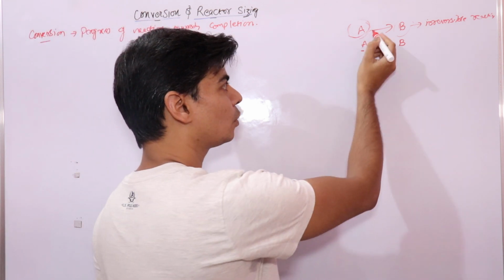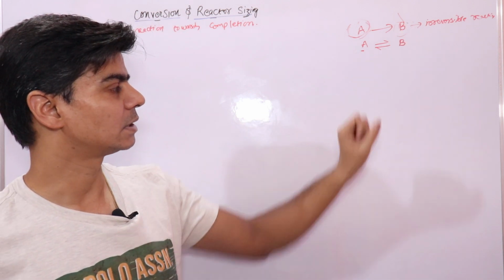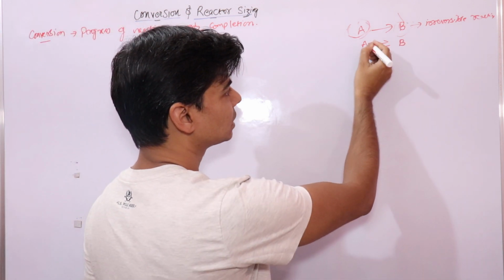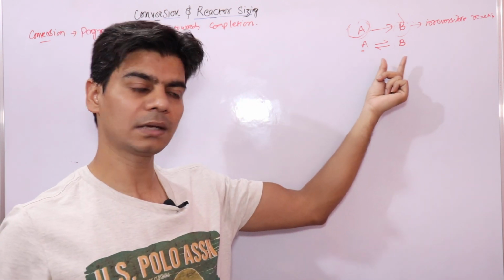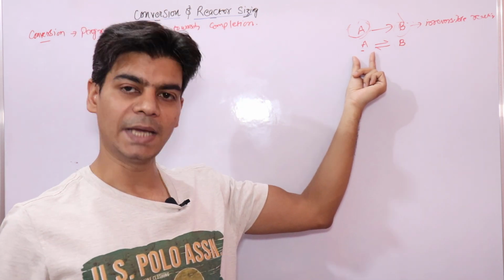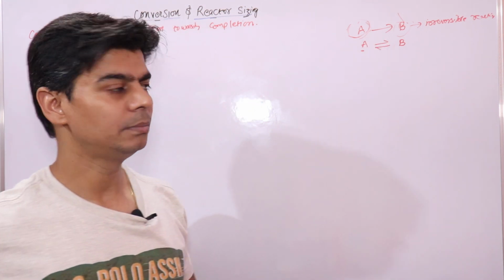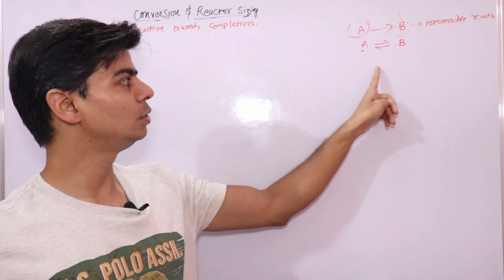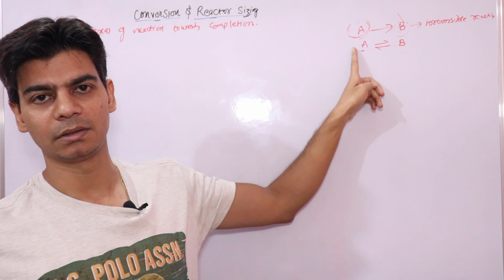Because in an irreversible reaction all of the reactant is getting converted into product, but in a reversible reaction the product will react back to give you reactant. So here the conversion is not complete because the products are reacting back to give you reactant.